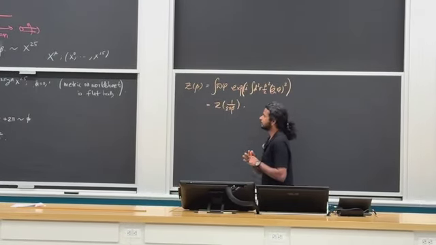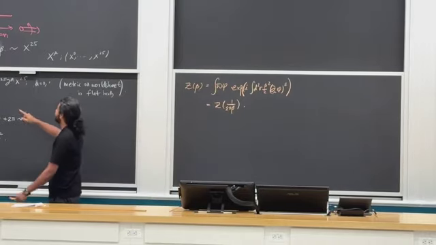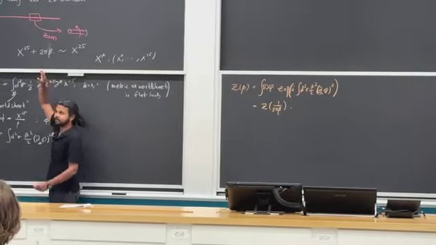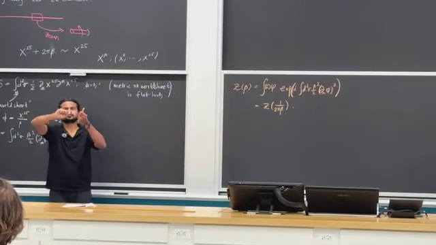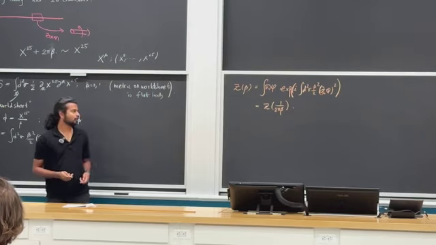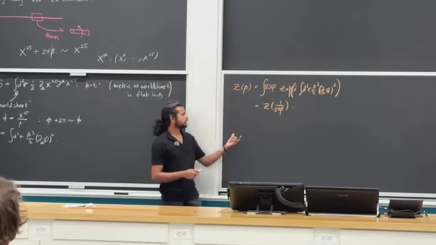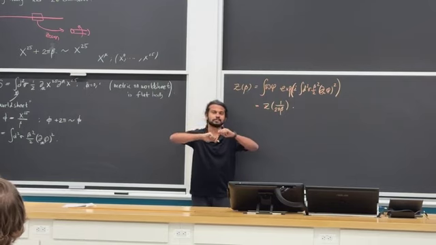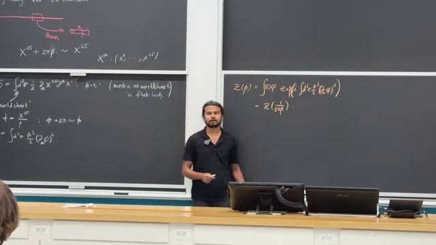If you think about it, if we have a string moving in a target space which is a circle of radius beta, then it's completely equivalent to a string that's moving in a target space which is a circle whose radius is 1 by beta.